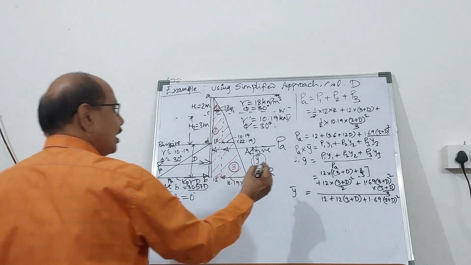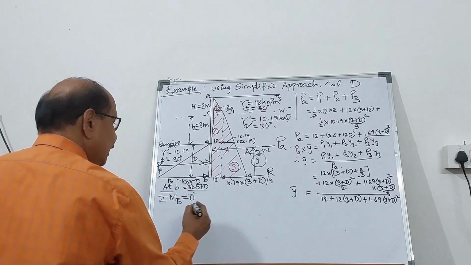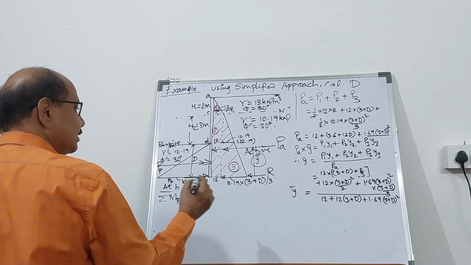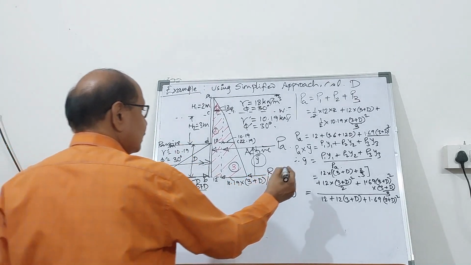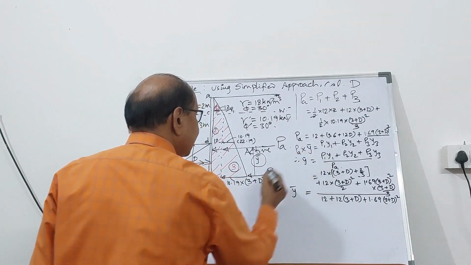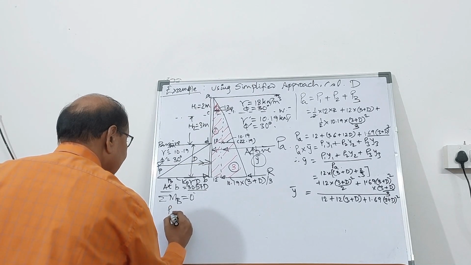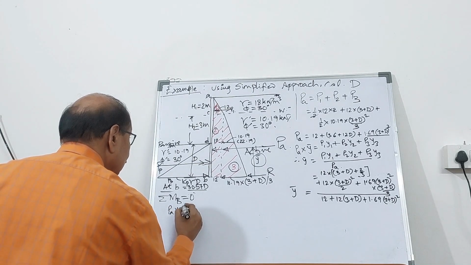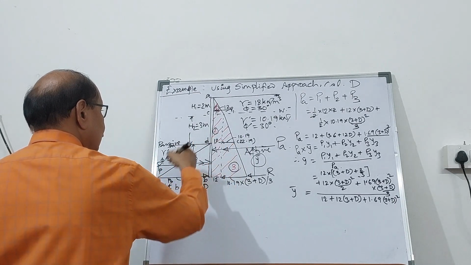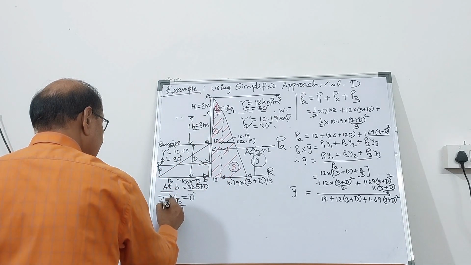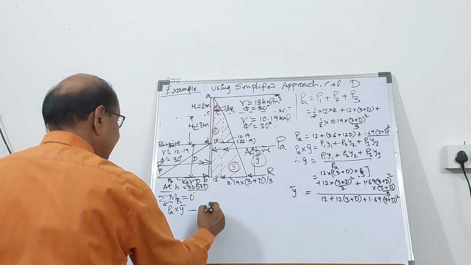So PA into y bar will create a clockwise moment minus PP.